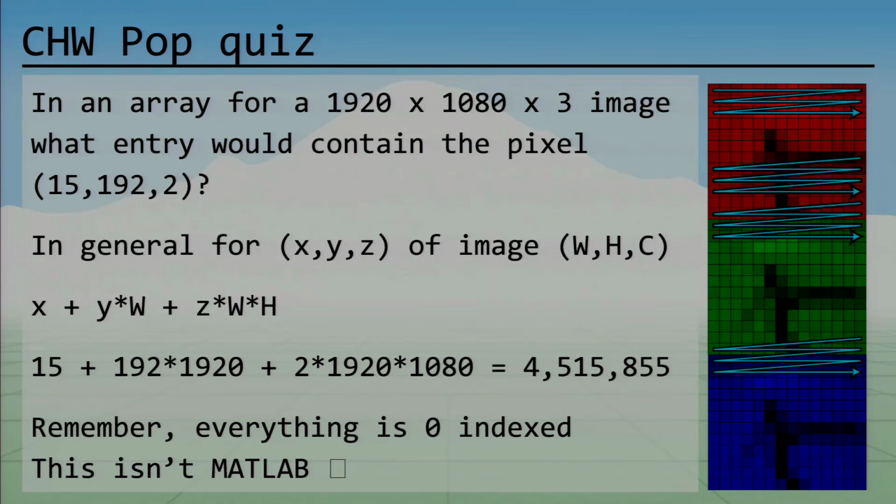The next thing is the y-coordinate. For every y-coordinate we go in this array, we have to jump by the width of the image to get to that row. And for every channel, we have to jump through this array the size of one of these single channels of the image. In this case, we have this math, and everything's going to be 0 indexed, so we don't have to do any weird adding 1 or subtracting 1. So we end up at about 4.5 million.